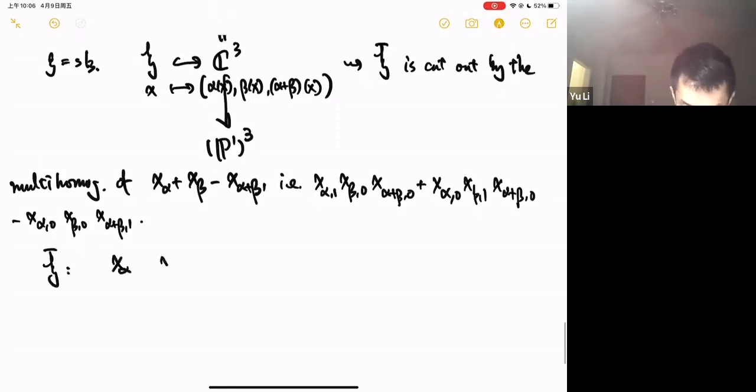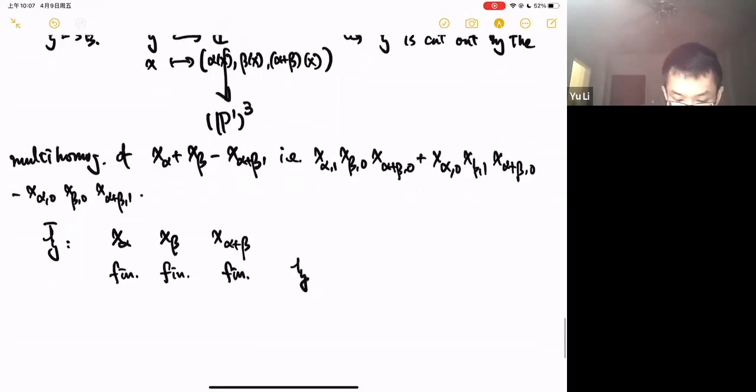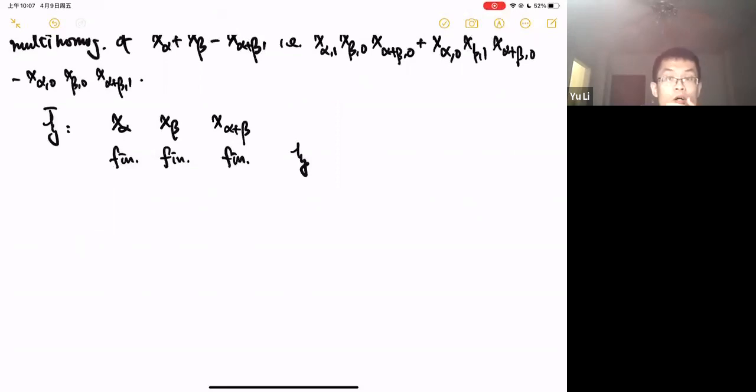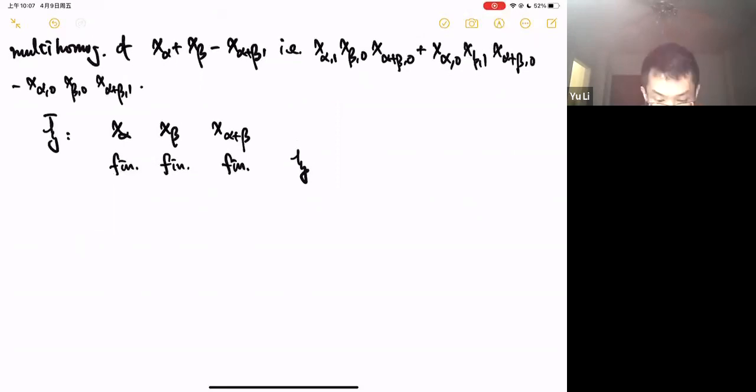If the three coordinates, X alpha, X beta, X alpha plus beta, are all finite, then we are just in H. And if one of them is infinite, for example X alpha is infinite, which means X alpha 0 is 0, then this would force X beta 0 times X alpha plus beta 0 to be 0, namely either X beta or X alpha plus beta has to be infinity.